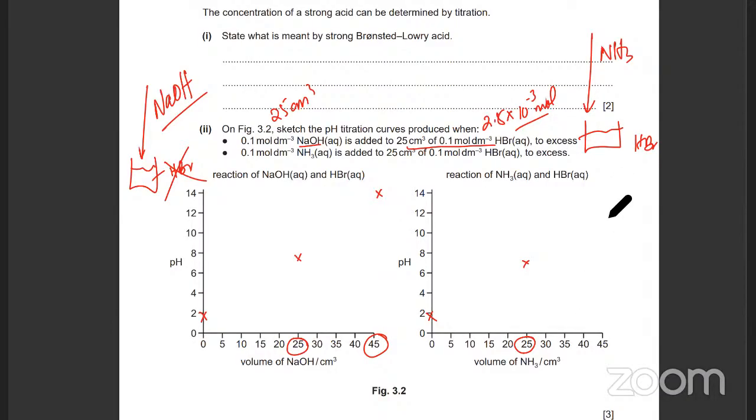What will be the final pH of this one at 45? 10. 11. Okay. 10, I guess, would be a better choice. 11 would be fine as well, as long as it's not too basic, because NH3, remember, is a weak base. And remember the curve, around the equivalence point, the curve is going to be almost vertical.